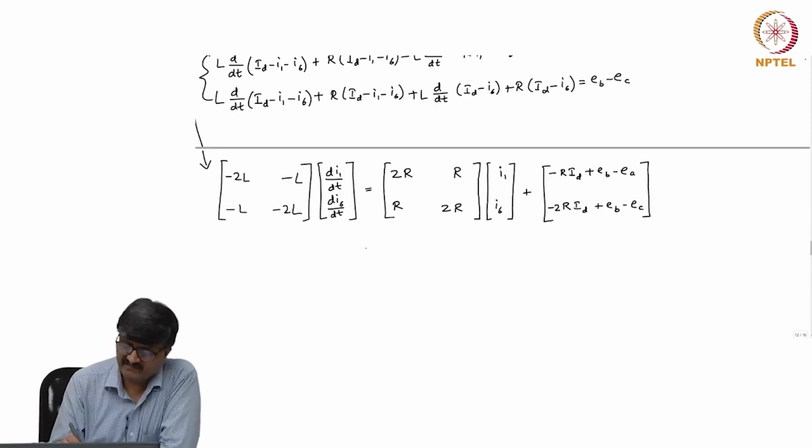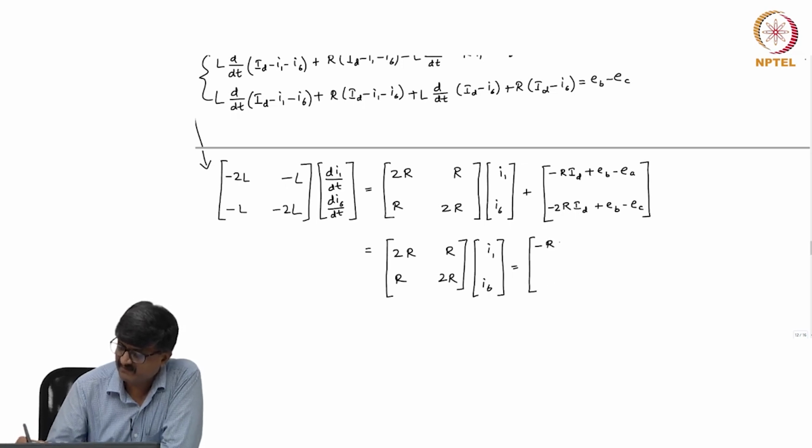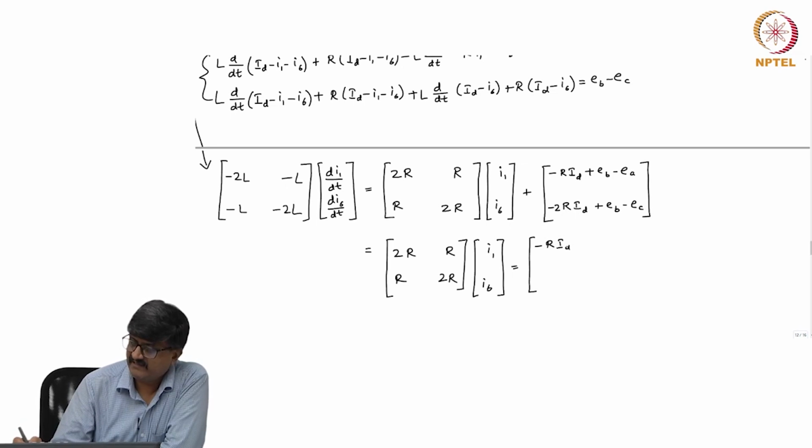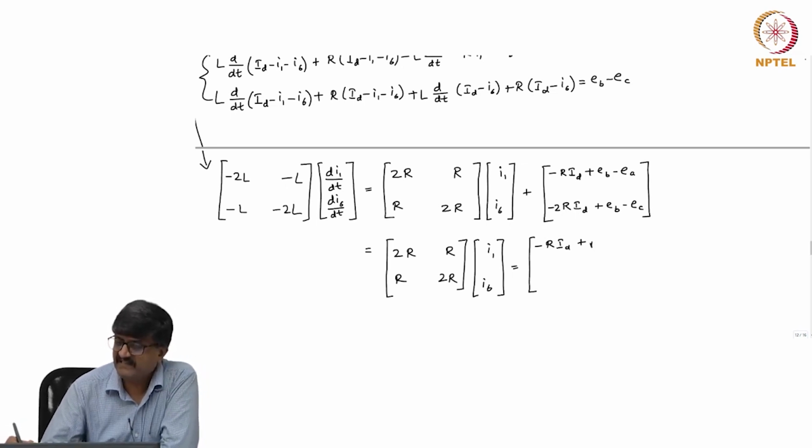So I can write the right hand side as the matrix 2R, R, R, 2R times I1, I6, and if I simplify after substituting for E_A and E_B, I get minus R I_D plus E_B minus E_A, which is root 2 V sin ωo t.